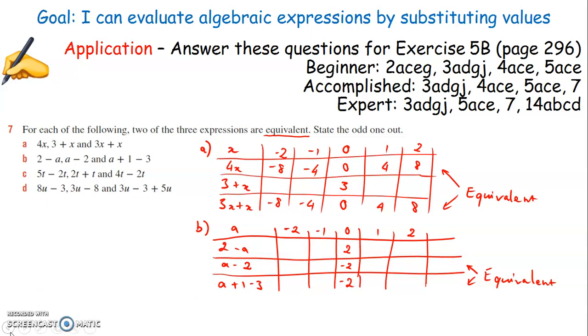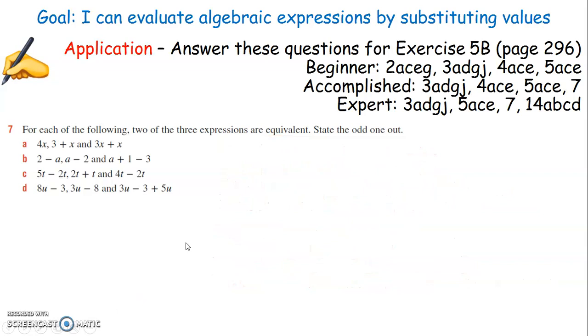All right, now let's do C next. So C, we've got T as a letter. We've got the expression 5t minus 2t. Then 2t plus t.